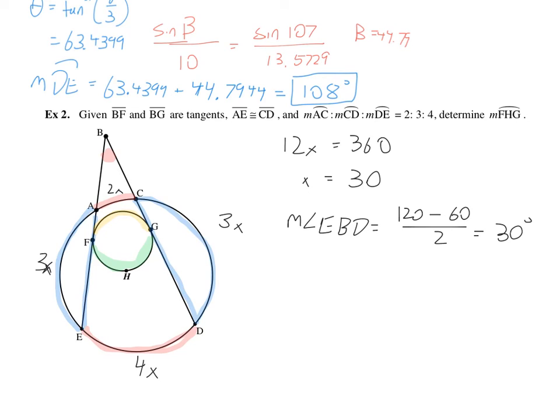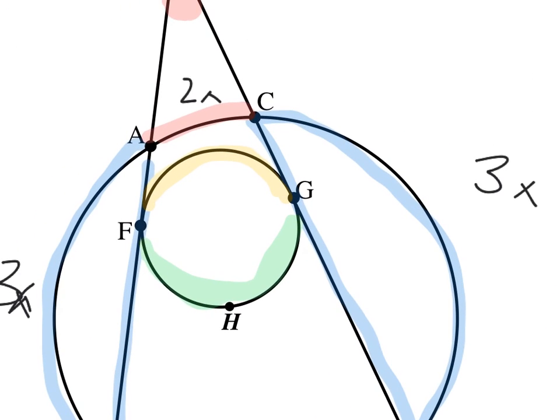So I know that the measure of EBD is also equal to FHG, measure of that arc, minus the measure of arc FG divided by 2. So you could think about this if I call FHG x and then subtract 360 minus x, that would let me solve for this as well. So that's the relationship I'm going to use.